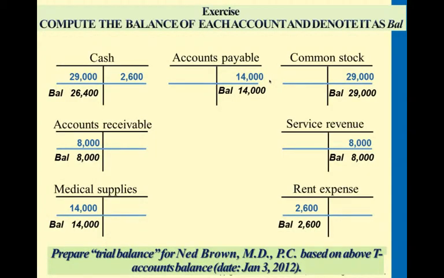Okay, so if we go back to this example here, find a piece of paper and try to list the trial balance and see what the total debits and total credits are. Based on these black balances for each and every T account, try to figure out the total debits and the total credits and see if they are the same.